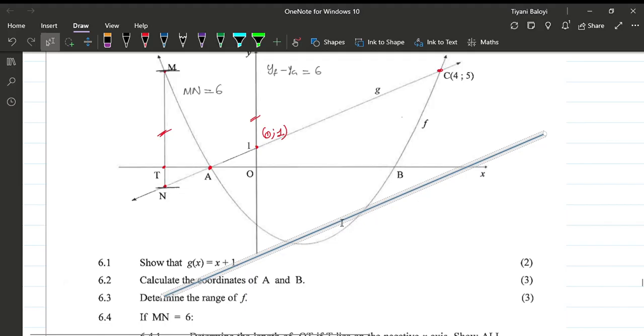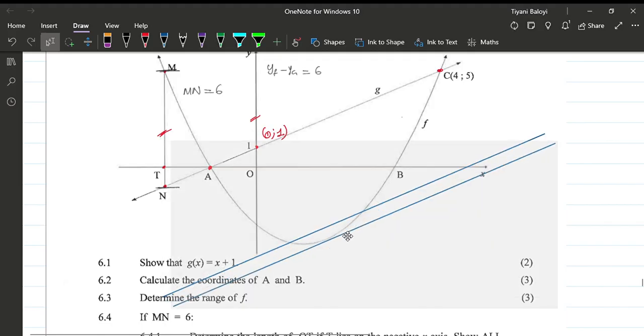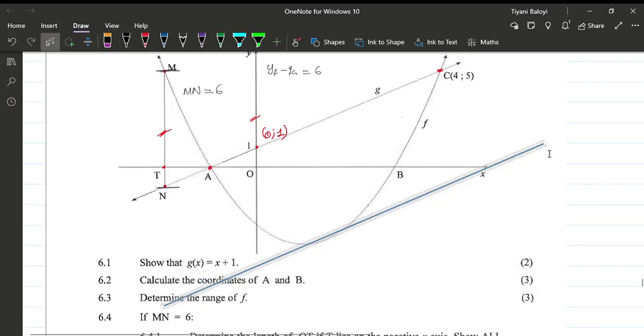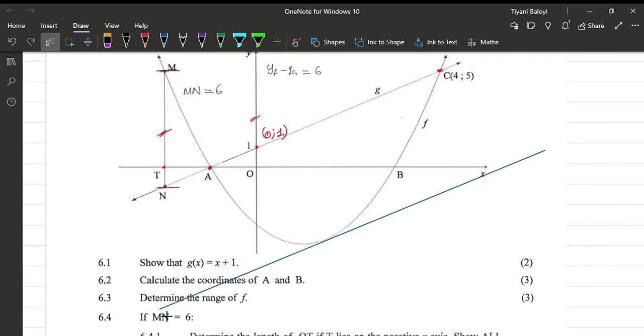Let's move it a little bit, and push it a little bit here. Yes, so we have this.